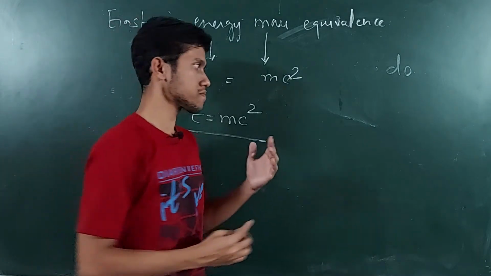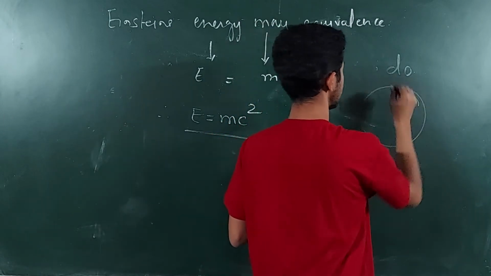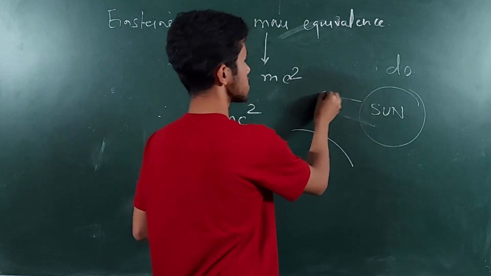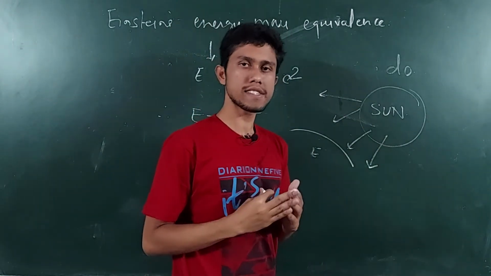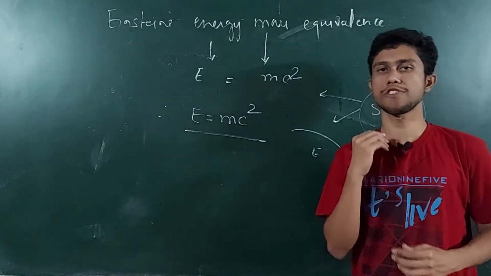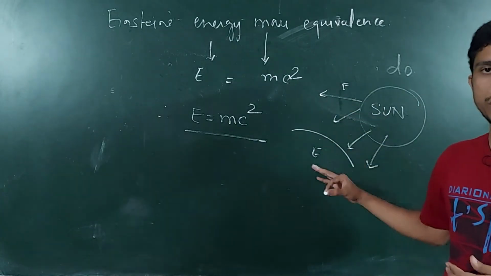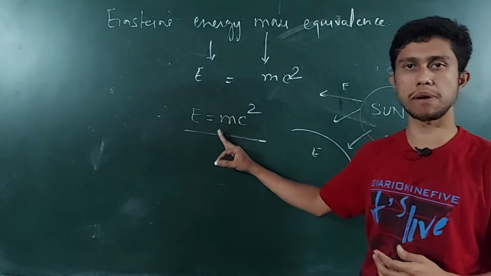Like this is earth, and this is sun. So rays from the sun are falling on the earth. You can say that the rays from the sun carry some amount of heat energy in them, and that heat energy falls on our earth, and that heat energy is going to get converted into some amount of mass.